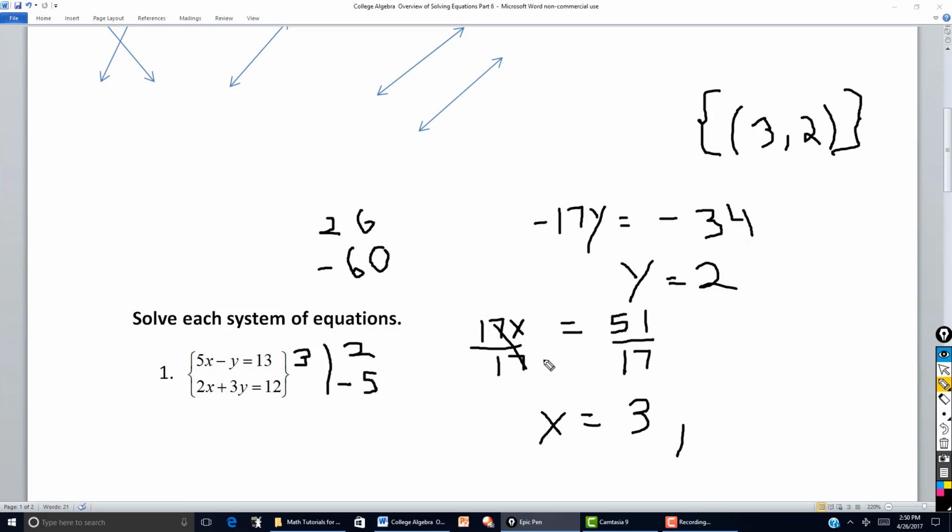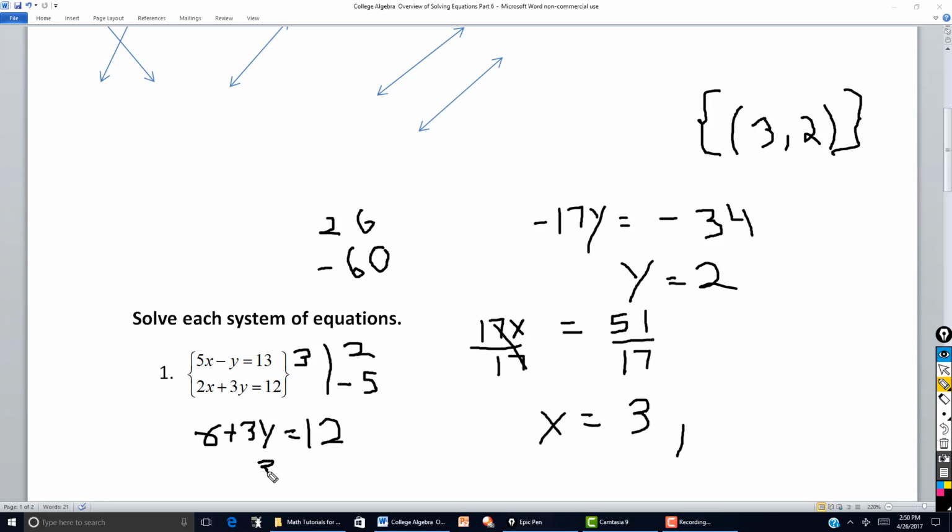Now, also keep in mind that instead of eliminating the x here, I could have just substituted x equal to 3. So I could have gone to the second equation and put a 3 where the x is. 3 times 2, that's 6, plus 3y is equal to 12. Subtract 6 from both sides here.